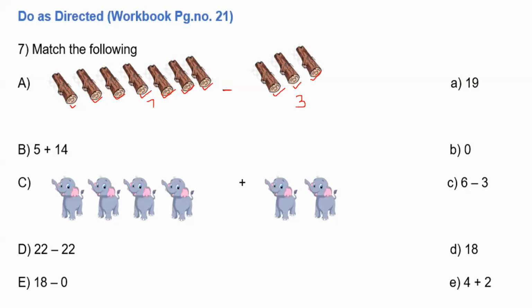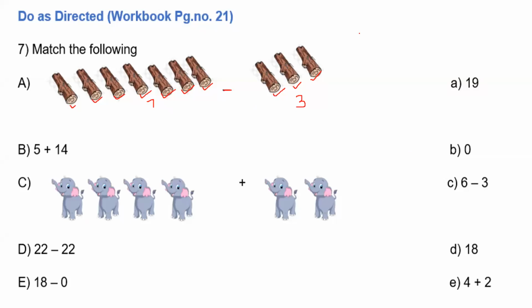Subtraction it is, right? So we have to count before 7. Remember. So before 7, which number comes? 6. Then before 6, 5. Then 4. Again count 6, 5, 4.